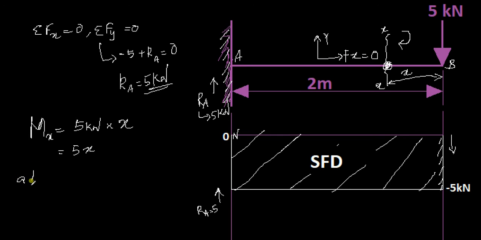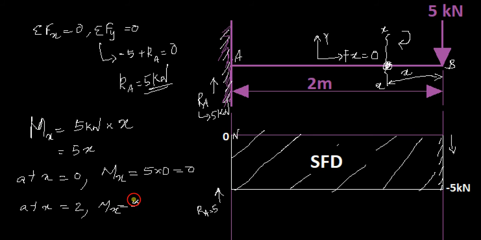At x equal to 0, your moment is equal to 5 times 0, that is equal to 0, and at x equal to 2, which is the maximum value for x, your moment is equal to 5 times 2, that is equal to 10 kilonewton meter.